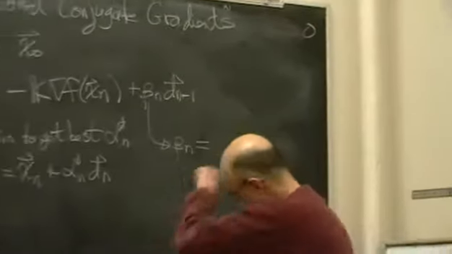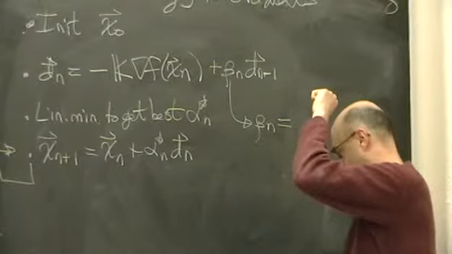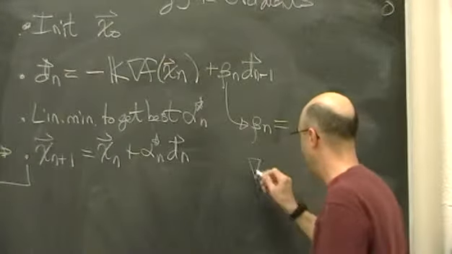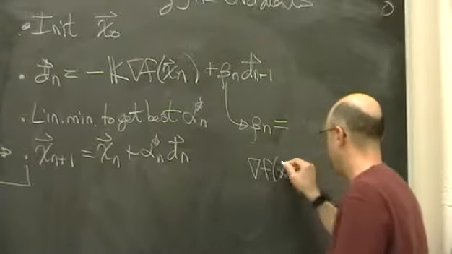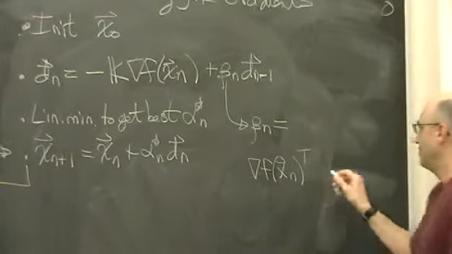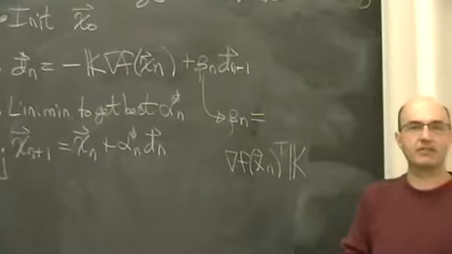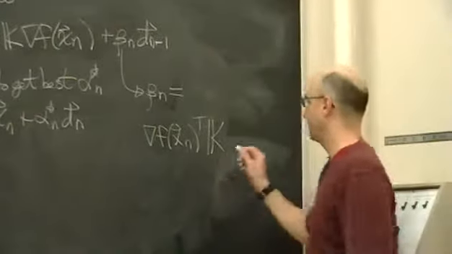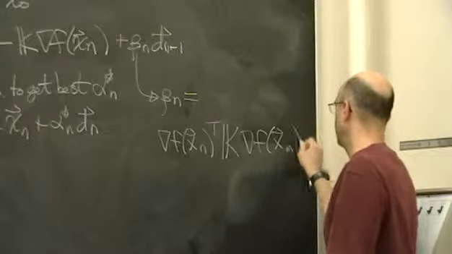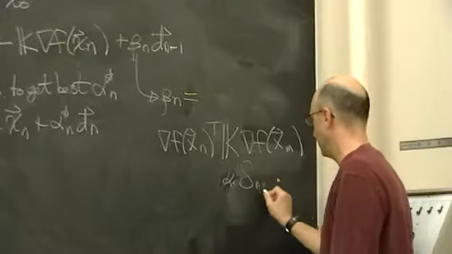Which means that if I make this choice, I will guarantee that the gradients at different iterations, when measured through the preconditioner, which is a positive definite symmetric matrix, so it's just some measure on your space, will be orthogonal through that measure. Well, proportional to Kronecker delta n.